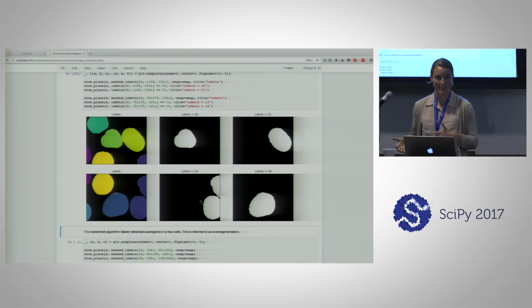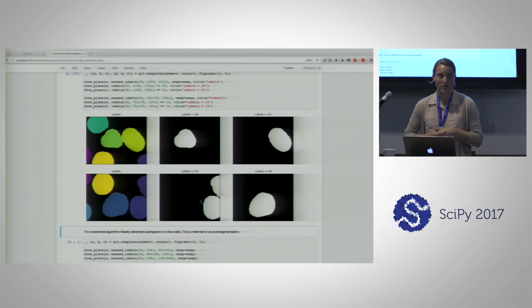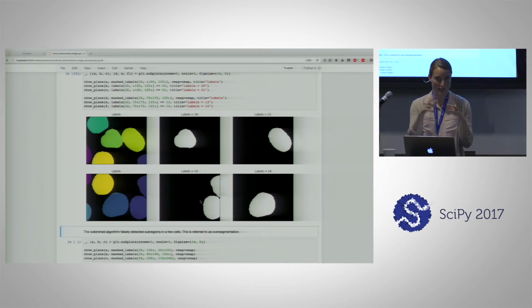We only have half of the cell, and it doesn't really make sense to make measurements on half of a cell. It's also just generally really hard to get a good segmentation of these 2 cells when we're looking for those peaks, those maxima in that distance map. But we were able to distinguish it from that cell that's in the center of the image that's got its own label, and that's great.